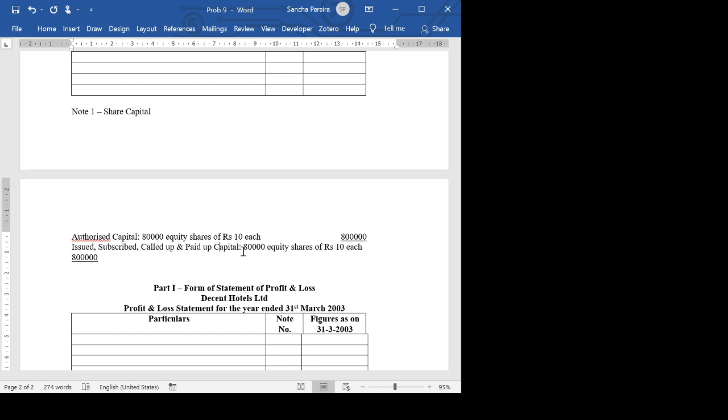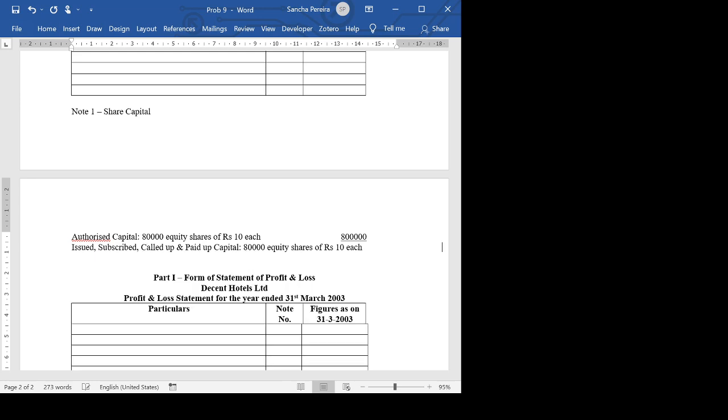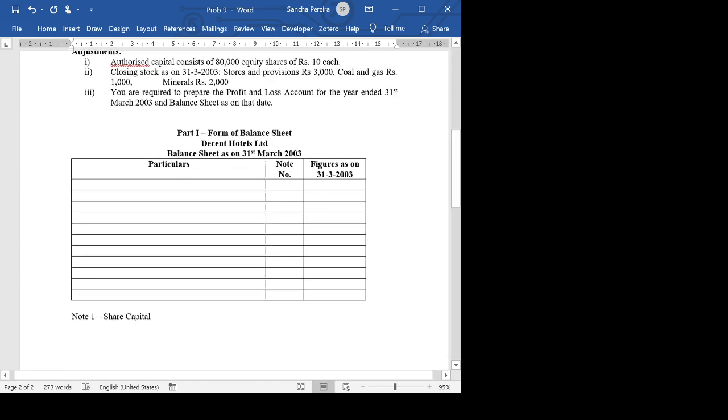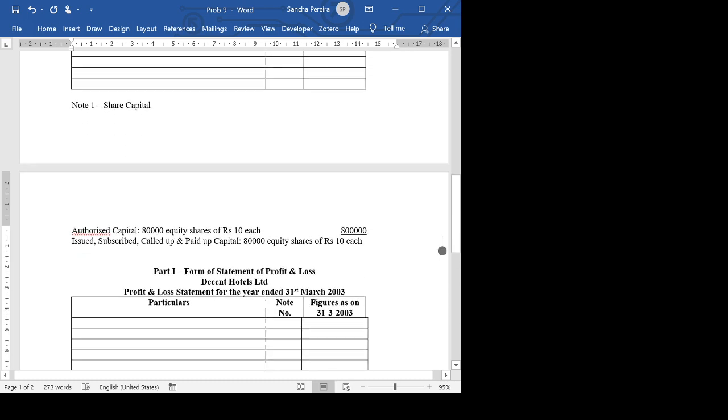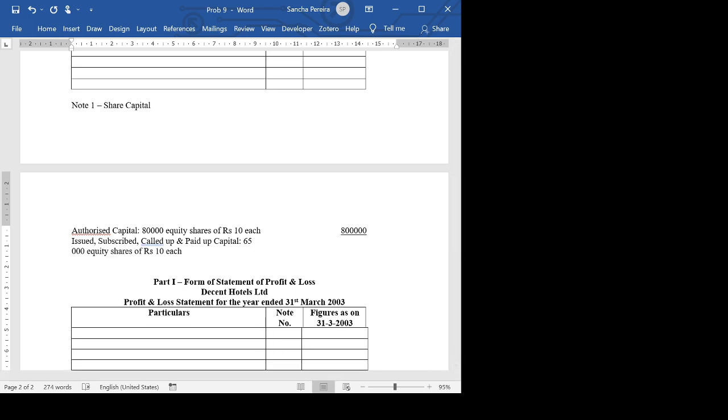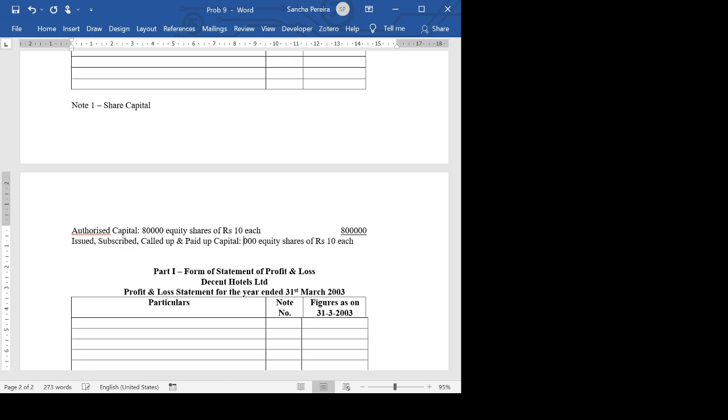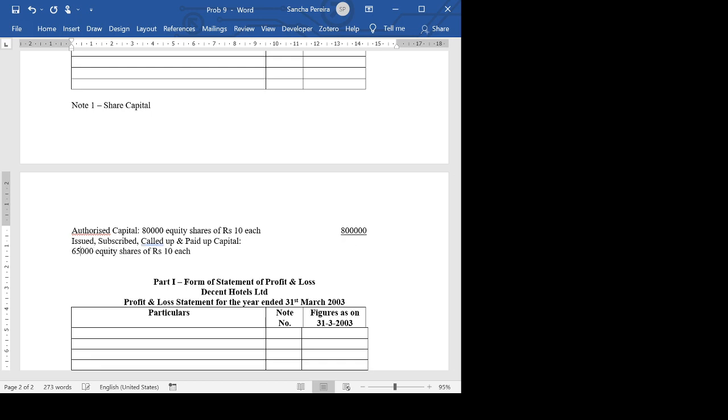Now, in this case, the total capital given to us is 6,50,000. So I can easily say that the number of shares is 65,000 equity shares of rupees 10 each.